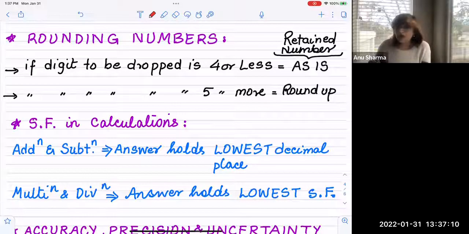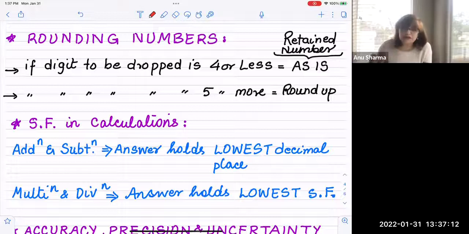So if you have to figure out your final answer, first of all, don't do the rounding in the steps, because then you start introducing ambiguity or errors. Round only in the final answer.